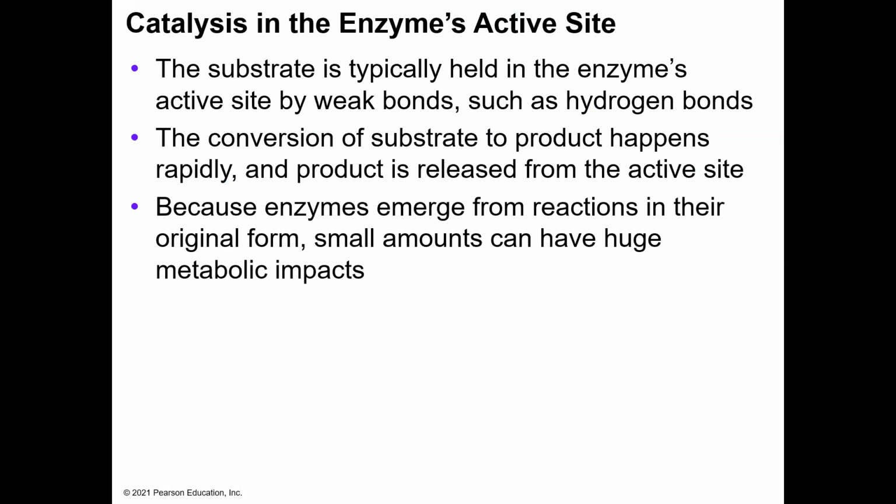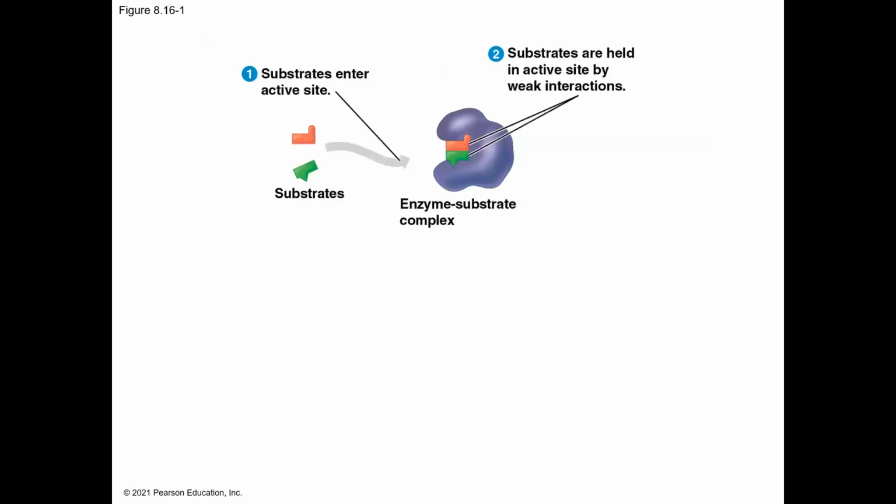The substrate is typically held in the enzyme's active site by weak bonds, such as hydrogen bonds, and the conversion of the substrate to a product happens rapidly, producing products that are released from the active site. Enzymes emerge from the reaction without a change.